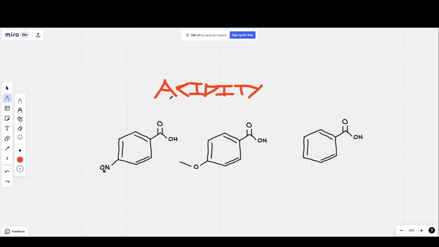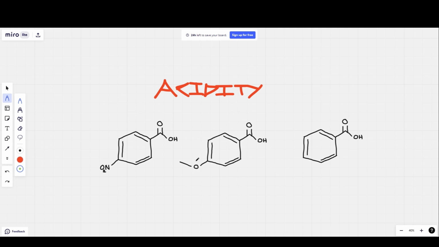So first I need to think, this is an aromatic ring. All right, so obviously I'm looking at these two groups attached because that's the difference in the molecules. And then there's not one on here.